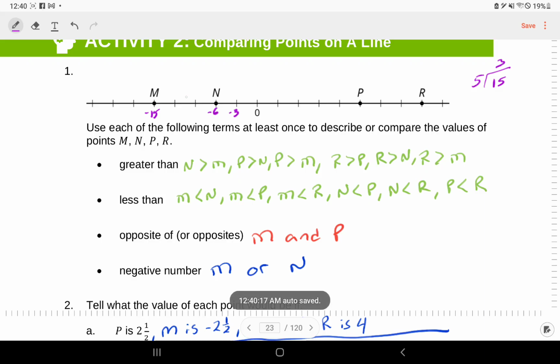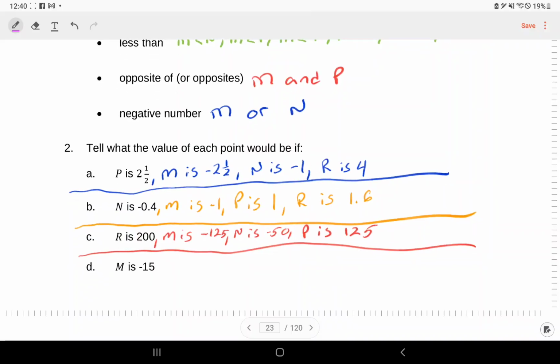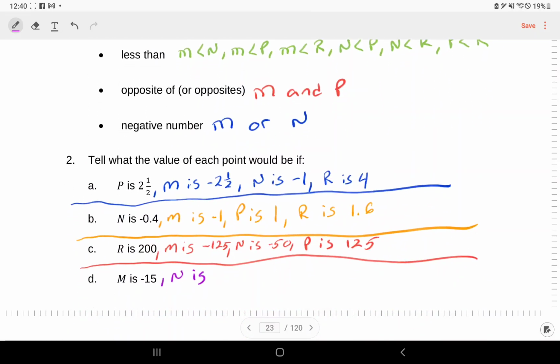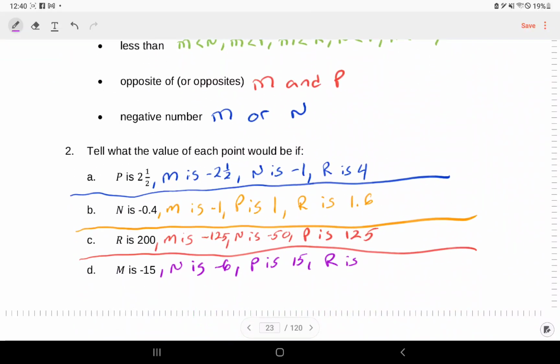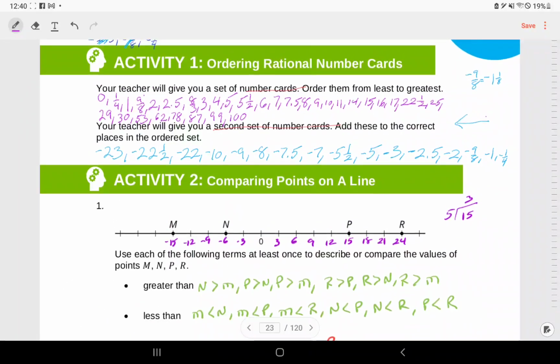Negative 3, negative 6, negative 9, negative 12. 3, 6, 9, 12, 15, 18, 21, 24. So M is negative 15, N is negative 6, P is positive 15 because it's the opposite, and R is 24. And those are the answers.